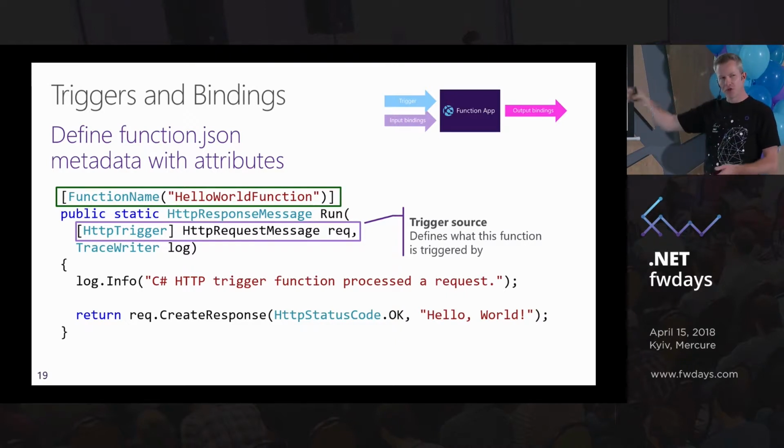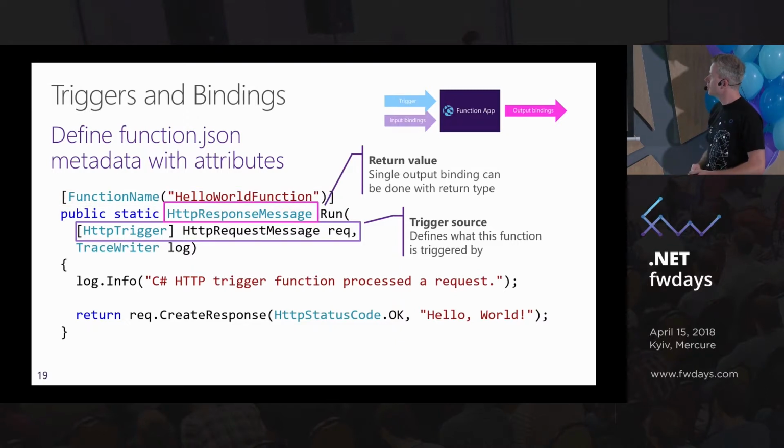HTTP trigger functions are special in that they have an input binding that takes the HTTP request message, and they must produce an HTTP response, because that's just how HTTP works. So the return value is the response message we created. We can say whatever we want.